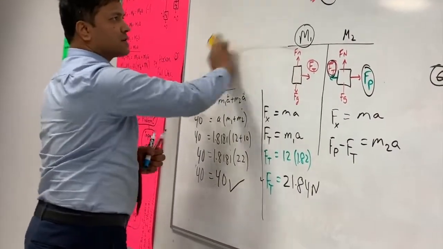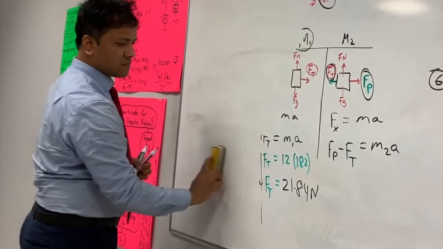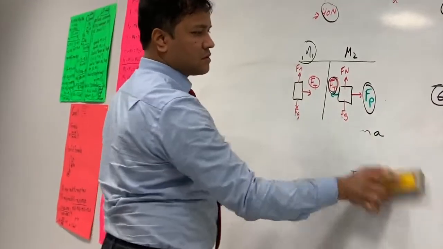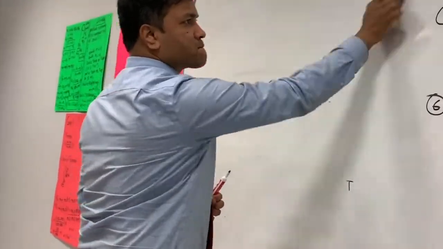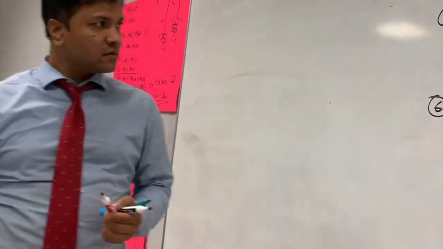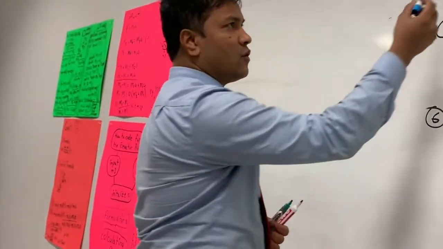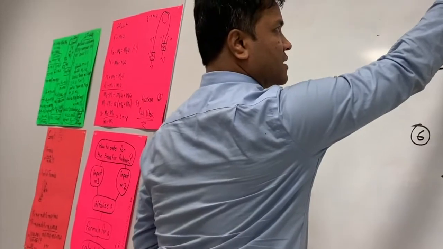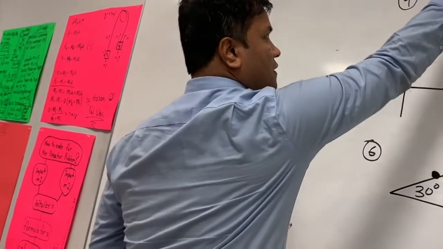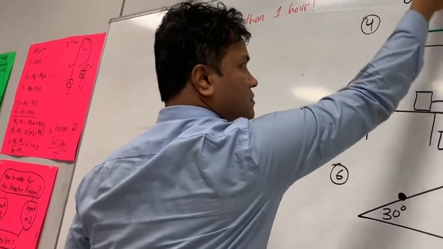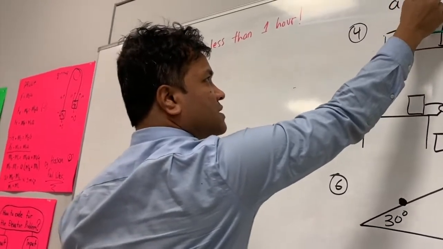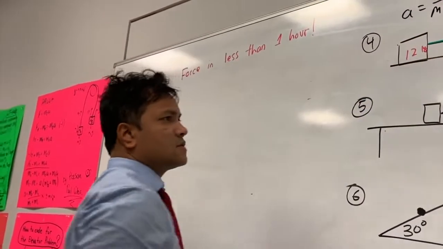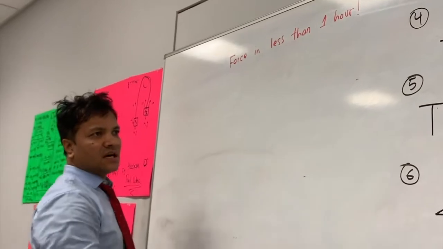So now we're going to solve the next one. Which one is the next one? Next one is number 5. But for number 4, I'm going to put the equation over here for you to see. M1 plus M2. So number 5, as you see, is a little different.